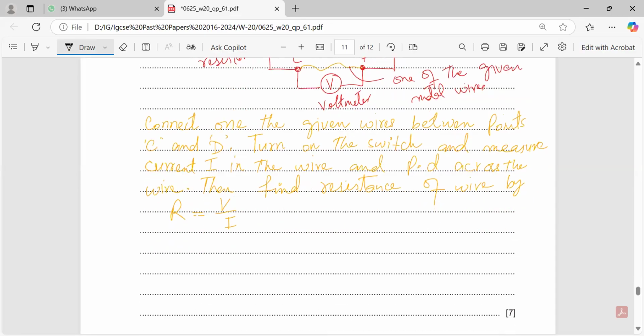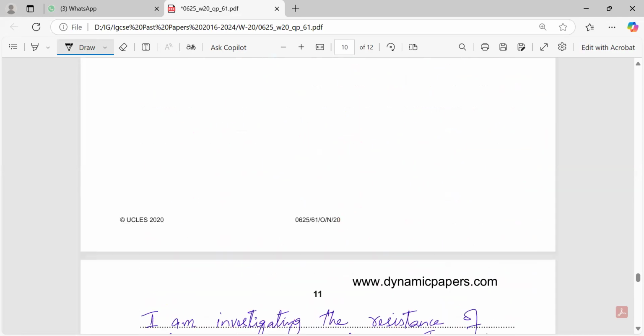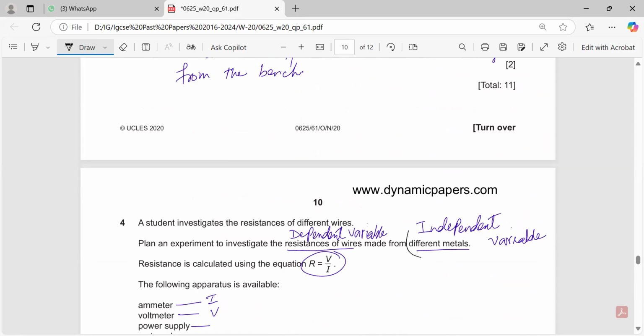Now, it is always there that repeat the same method. Here, the independent variable is important. Repeat the same method. What was the independent variable? Different metal wires. The independent variable was different metal wires.